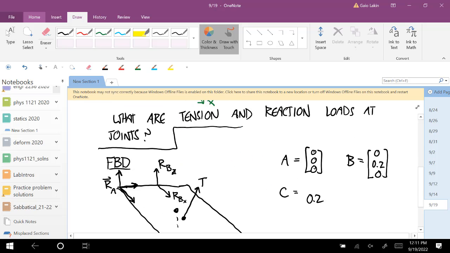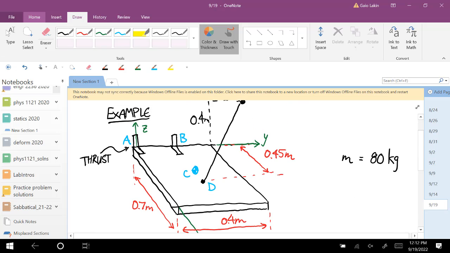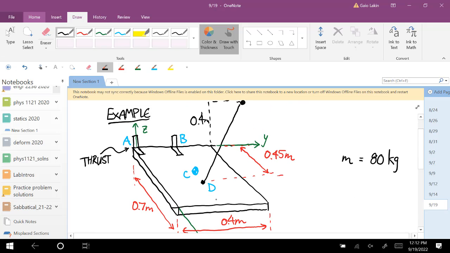Yep. So 0.35 x, 0.2 y, 0 z. And then the last one is D. That's still along that center line. So the y component is still 0.2. The x component is 0.45 now.